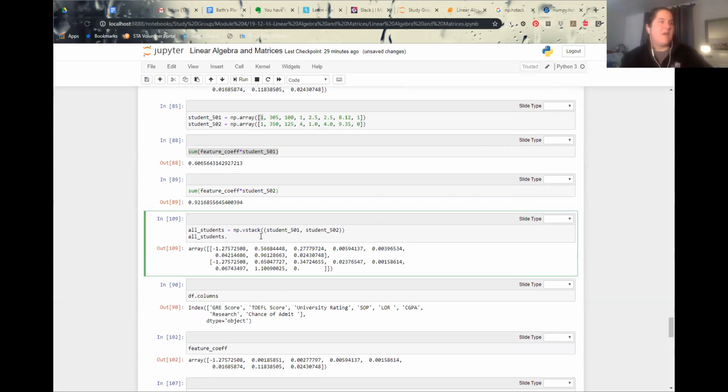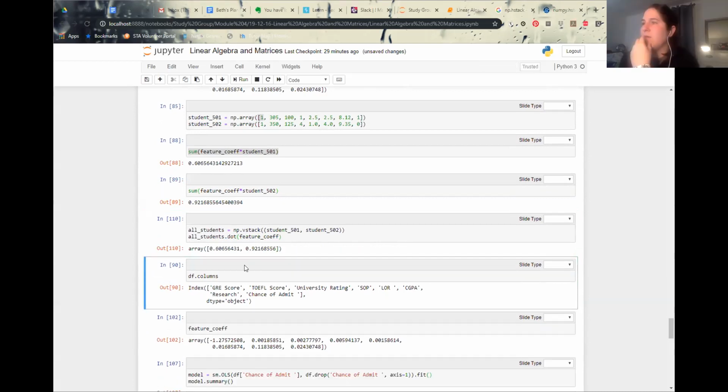It's literally just dot, dot, right? Yeah. Okay, cool. So you could pass in a whole data frame to make predictions on.